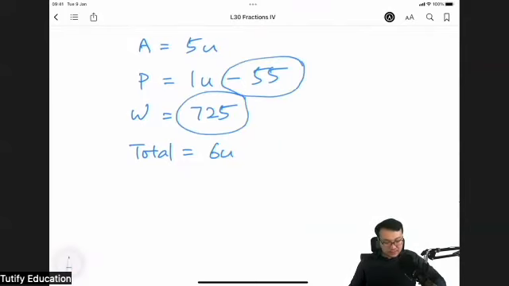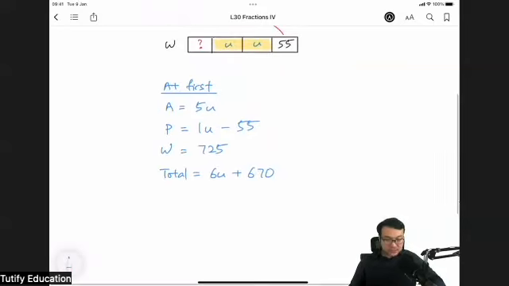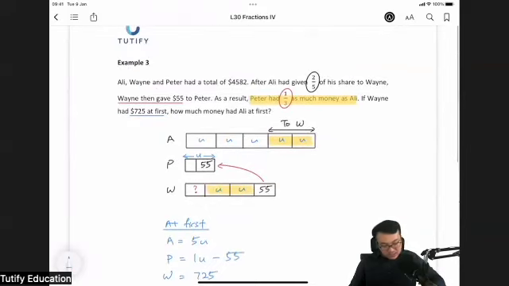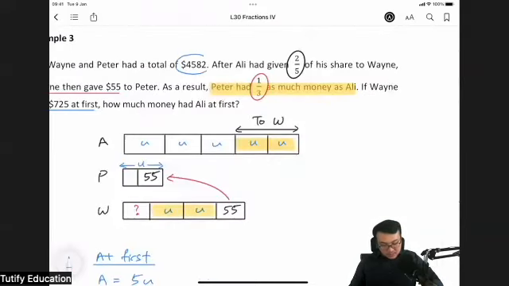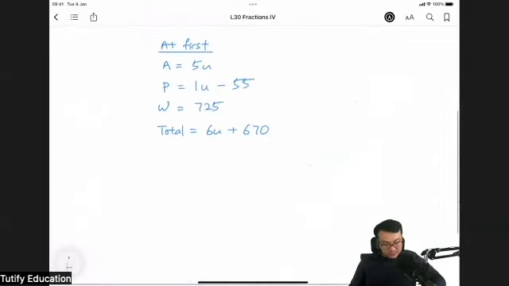Can you help me to do the mathematics? 725 minus 670. Very good. So the total that they have is 6 units plus 670. And what did the question say? The question said that the total amount of money that all of them had was $4,582. So what can I say about this 6 units plus 670 equals to how many dollars?